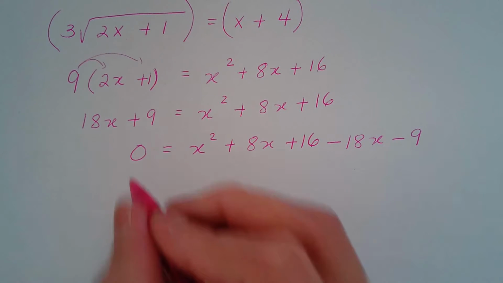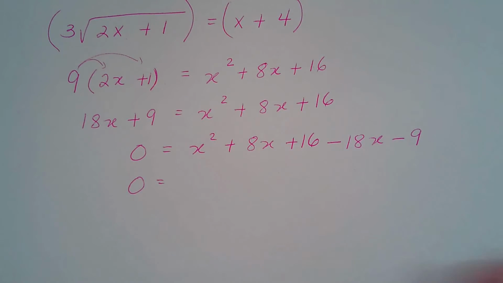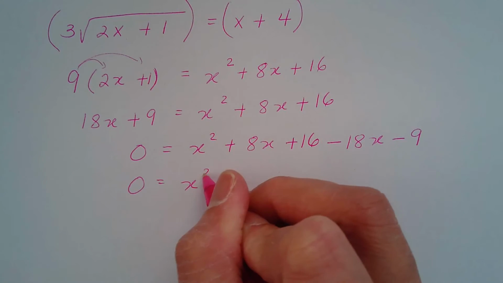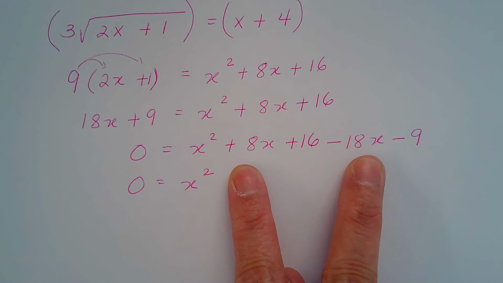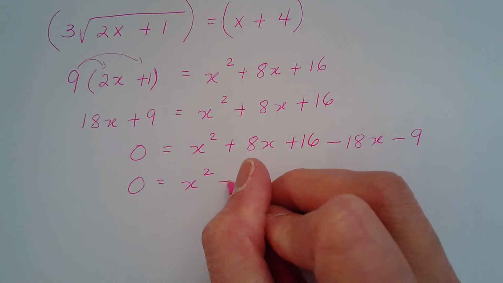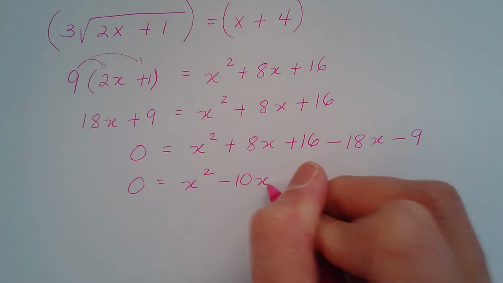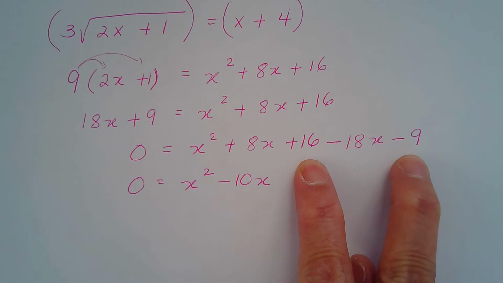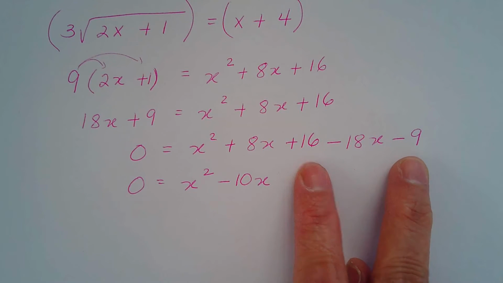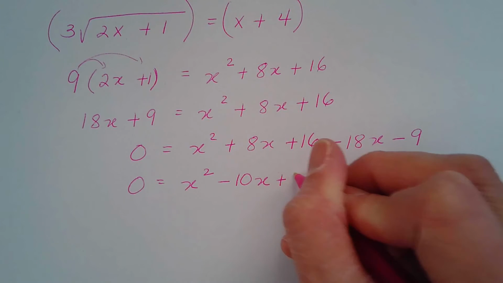Okay. And of course, we're going to do the collecting of like terms. So x squared, these two are like terms, so we can combine them. So it's going to give us negative 10x. And then these two, 16 minus 9, that's going to give us the 7.